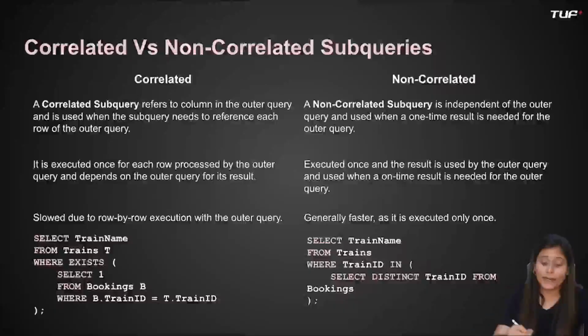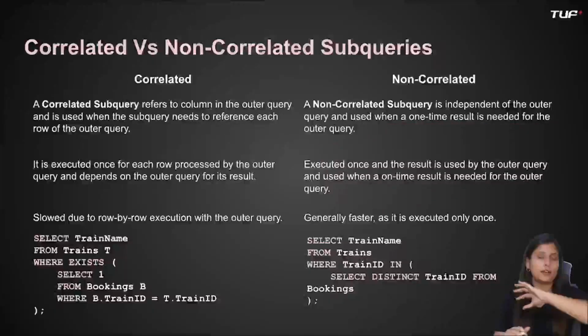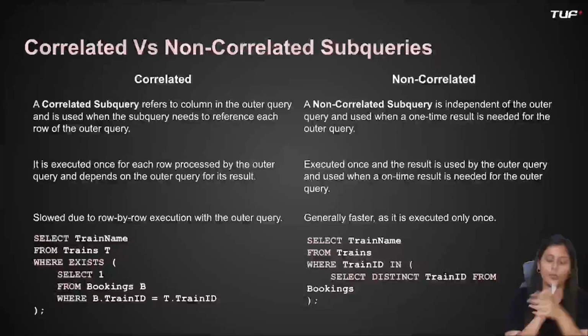But a non-correlated subquery is independent of the outer query and is used when a one-time result is needed for the outer query. The subquery runs independently and produces a final result, and that is used for the filtering purpose by the outer query.